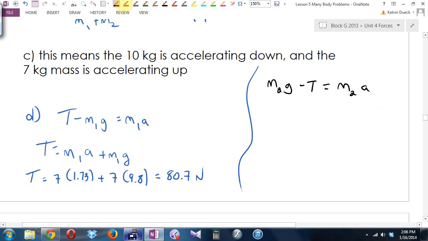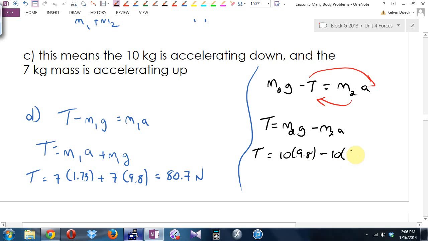This one, Rob, to get tension by itself would be plus it over the tension and minus M2A over at the same time. I think that would be the easiest way to do that. And when you do that, you'll get tension equals M2G minus M2A. You'll get tension equals 10 times 9.8 minus 10 times 1.73.